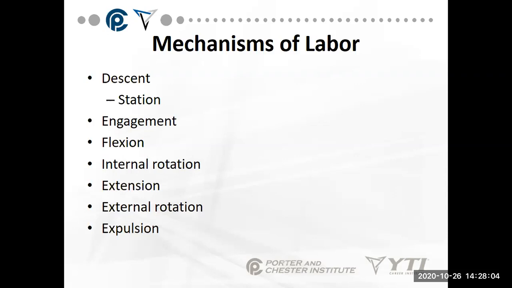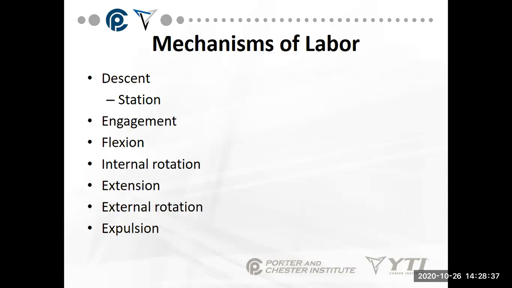As the fetus descends into the pelvis, it undergoes several different positions and changes. So it adapts optimally to the changing pelvis shape and also the size. Many of these mechanisms are called cardinal movements, and they occur simultaneously.